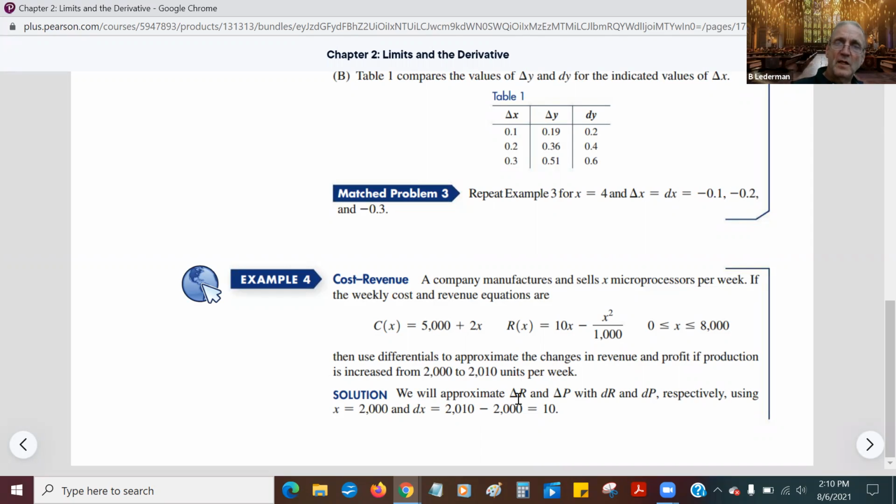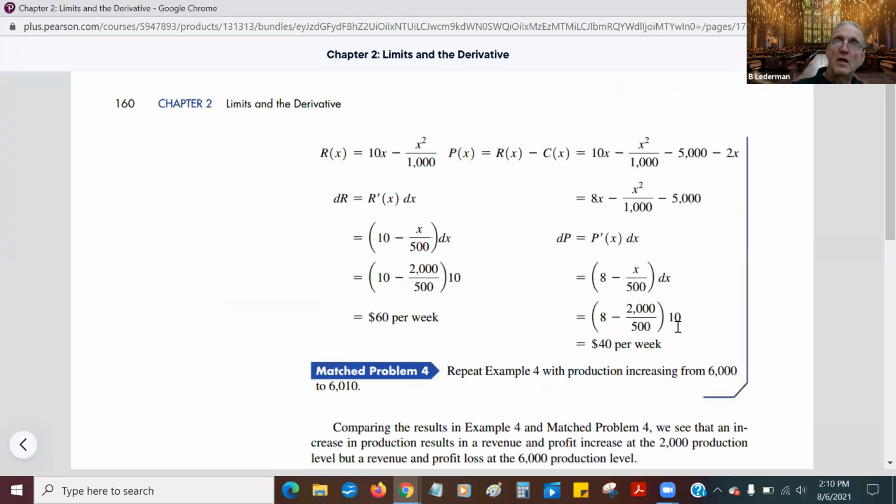So we're going to approximate delta R and delta P, for profit, with dR and dP, and we're going to use x equal to 2000 and dx equal to 2010 minus 2000, which is 10. R of x is this expression, and P of x is R minus C, so it's this whole expression. dR is equal to R prime times dx.